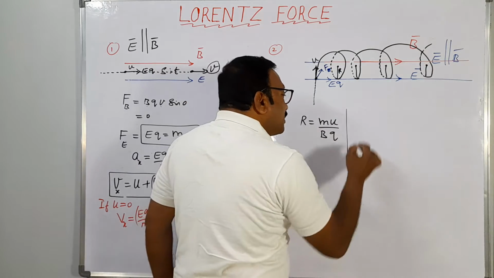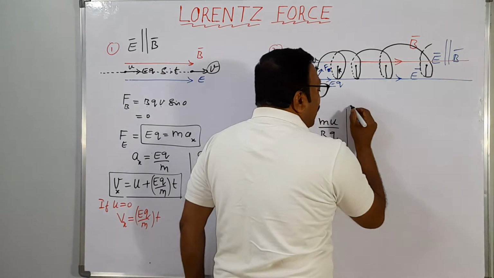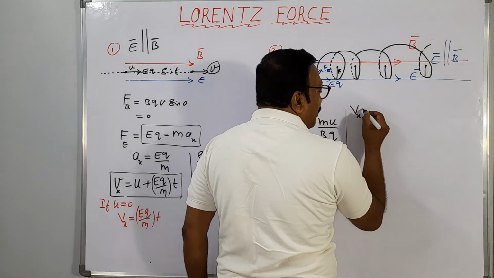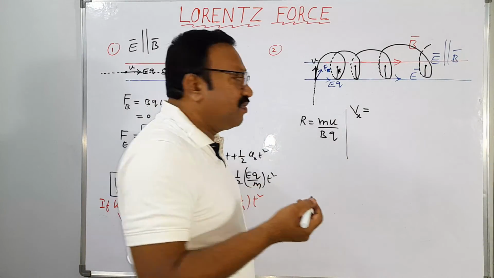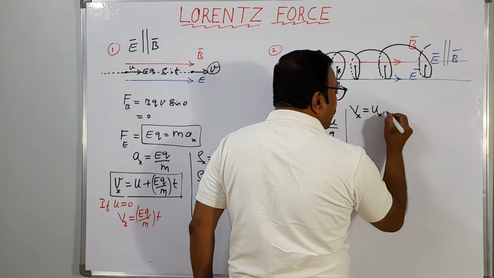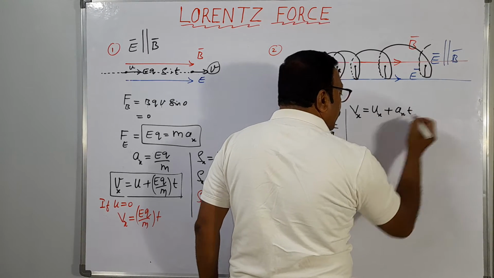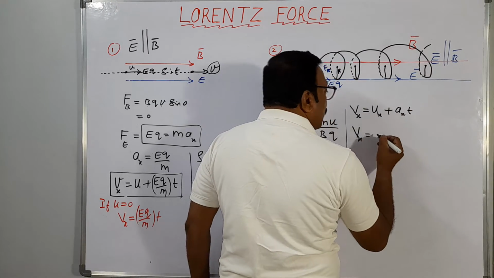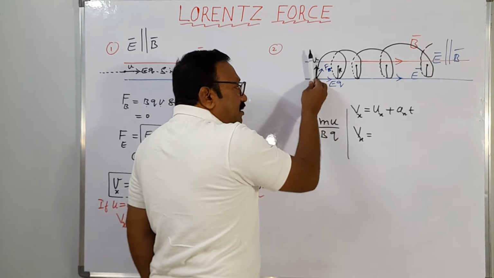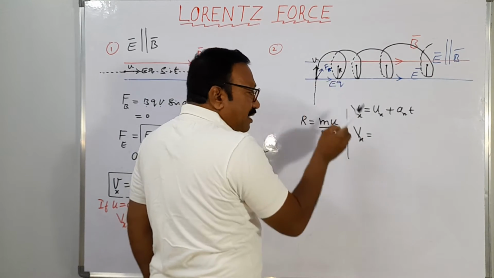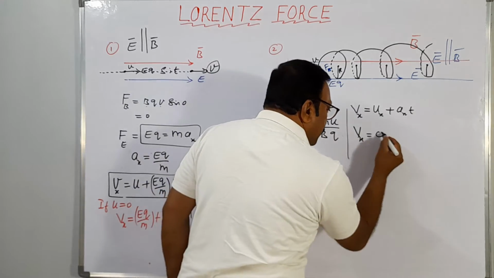But what happens along the horizontal velocity? The horizontal velocity will be increasing. v is equal to u plus at. Initially the particle is entering perpendicular to the field, but there is no horizontal velocity here. That is why you have to take 0 here.